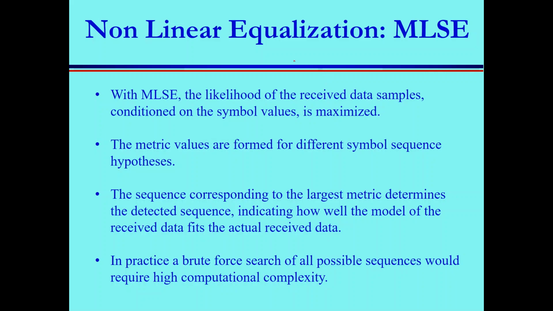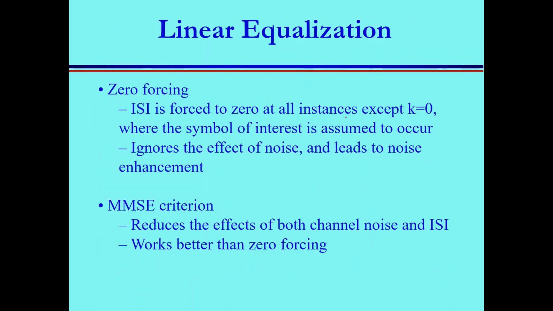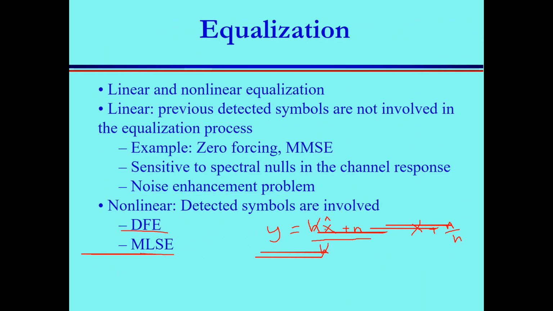How does it work? Remember with me the channel model, y equals hx plus n. This equalizer takes y and h, x. The receiver knows h and knows y because it receives y.